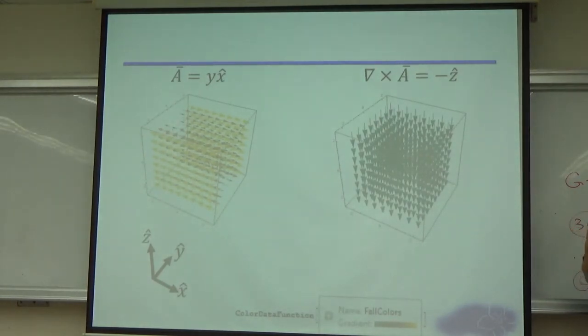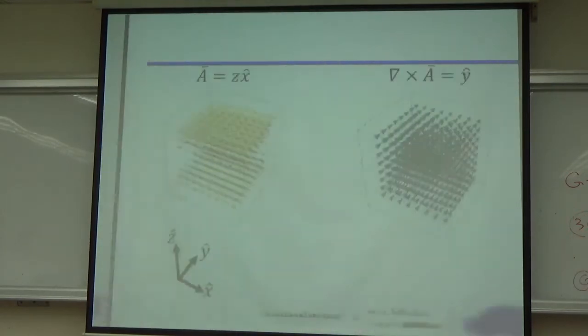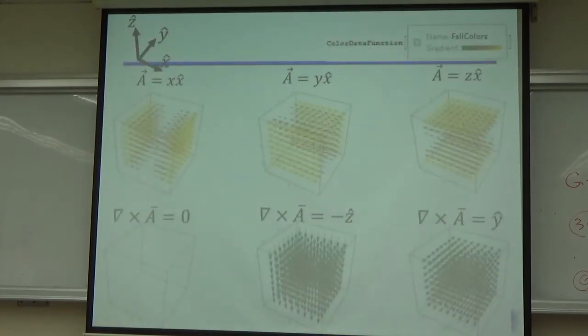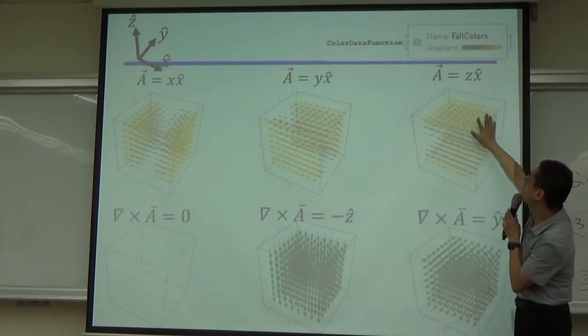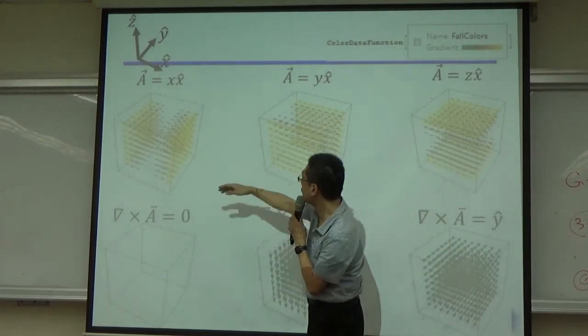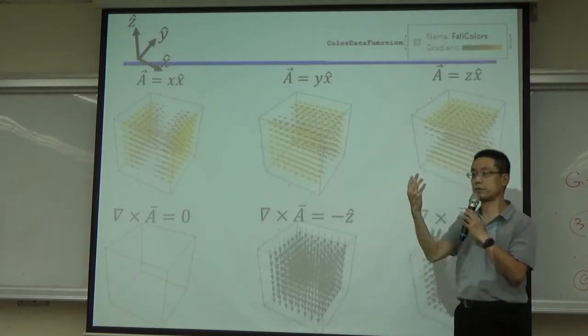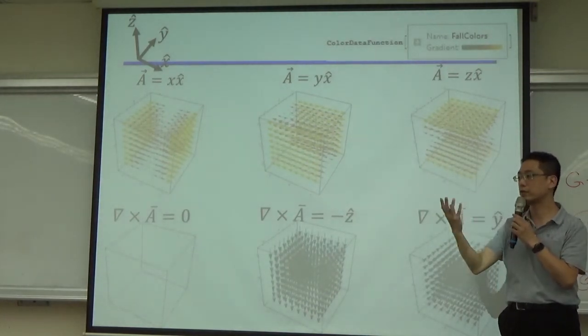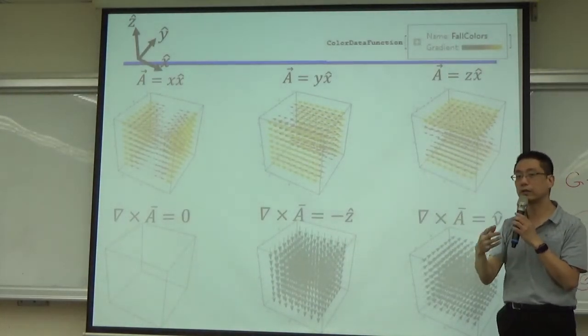You can double check your calculation. This is easier than the question I gave you, right? And this is another one. You will find out something maybe interesting. This is the original vector and the result of the curl. Curl is something where the direction is turning, right? The turning direction.